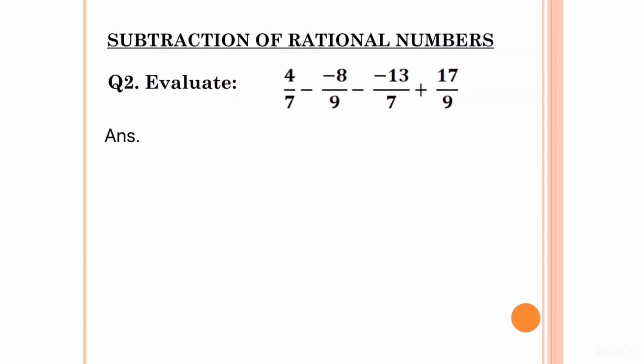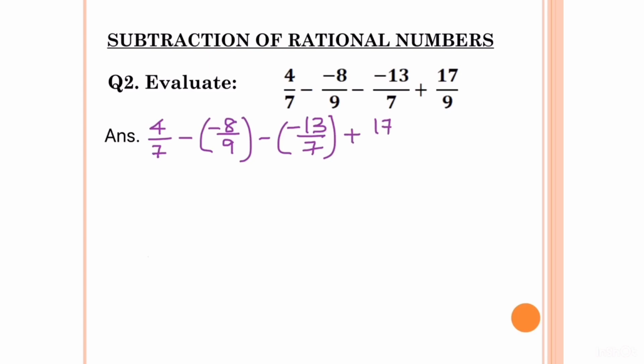Next question. Evaluate 4 by 7 minus of minus 8 by 9 minus of minus 13 by 7 plus 17 by 9. So let's write the given expression: 4 by 7 minus of minus 8 by 9 minus of minus 13 by 7 plus 17 by 9.